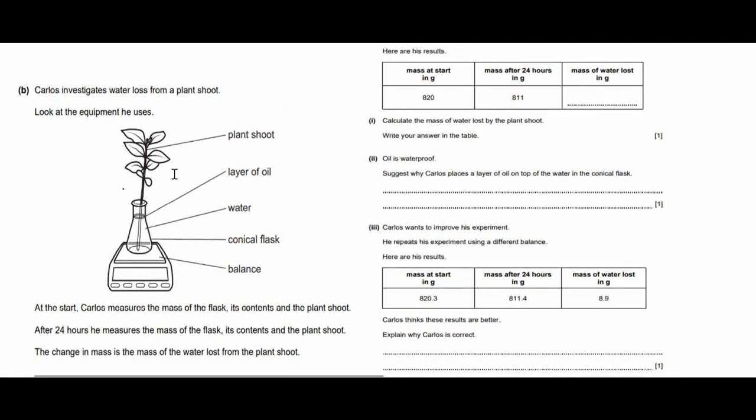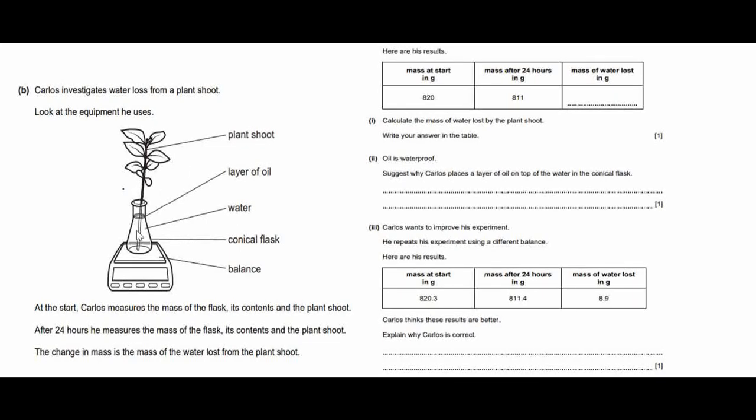Next, question 6B. Colin investigates water loss from a plant shoot. Look at the equipment he uses here: plant shoot, layer of oil, water, conical flask, balance. At the start, Colin measures the mass of the flask, its contents, and the plant shoot.